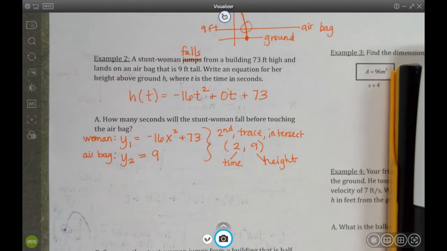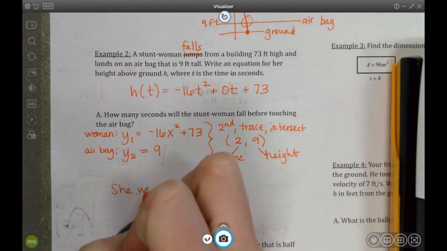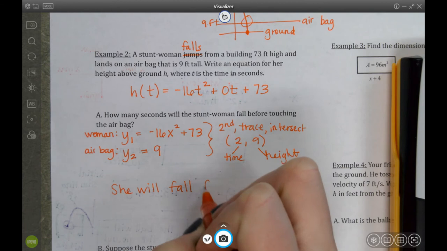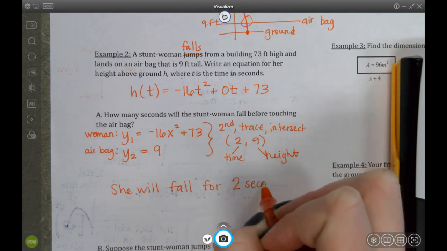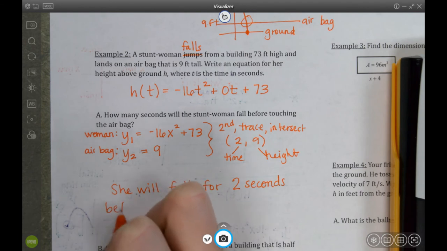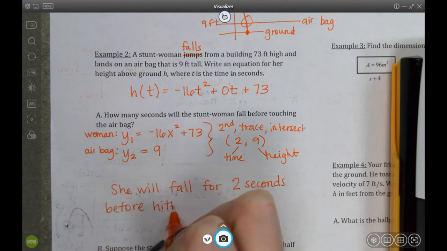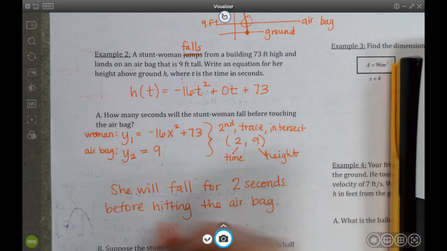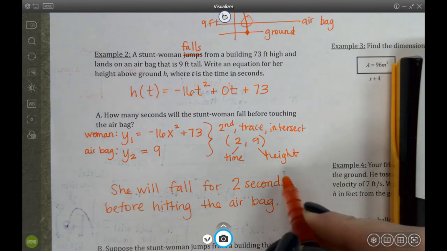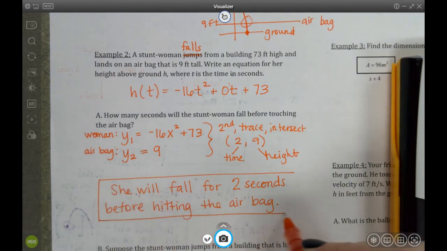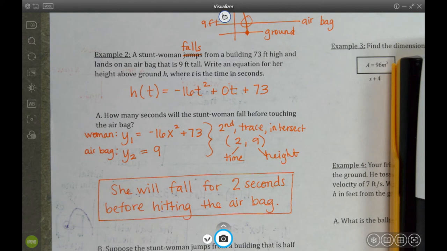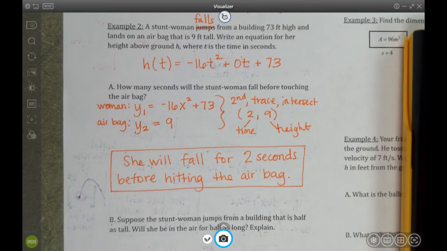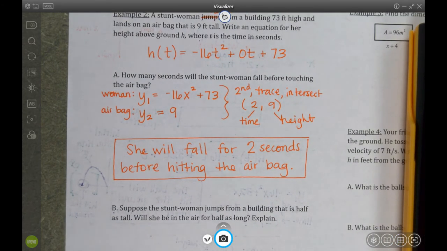Yep, 2 seconds. She will fall for 2 seconds before hitting the airbag. And again, the calculator did all that for us, which was so nice.